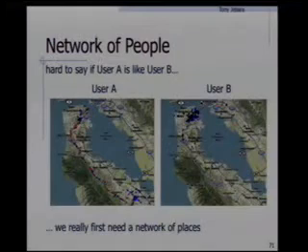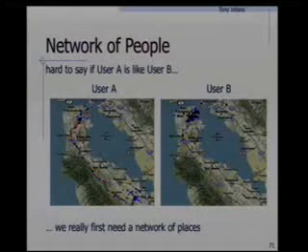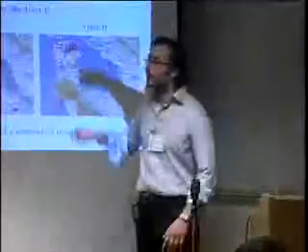But it turns out they're both working at a tech startup. And so you can't just compare the raw latitudes and longitudes and say, oh, these people are coinciding, because they're coinciding semantically, not physically. So what we need to really understand is semantic coinciding, not physical coinciding, or co-location, I should say. And so we built a network of places to say, well, is this place similar to this place?